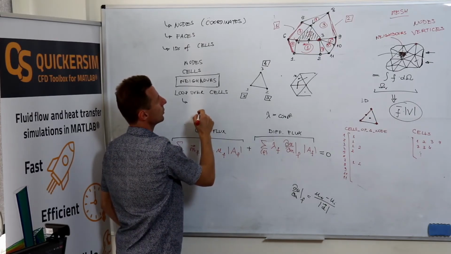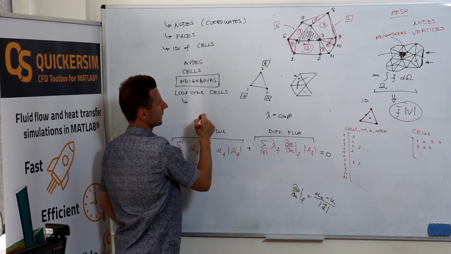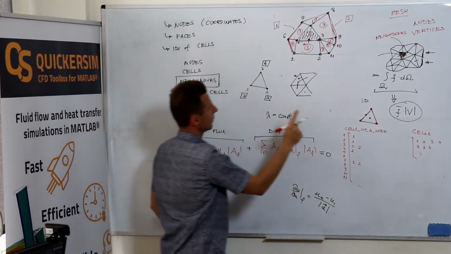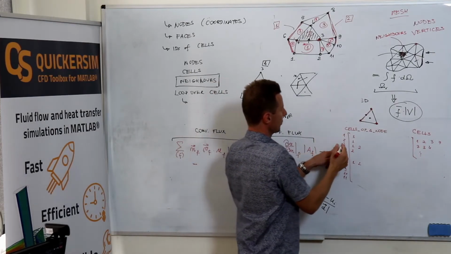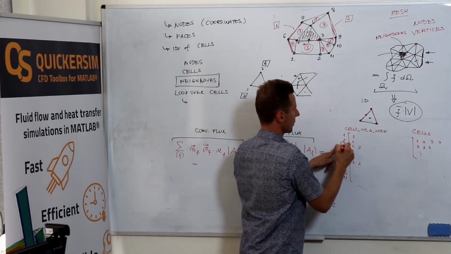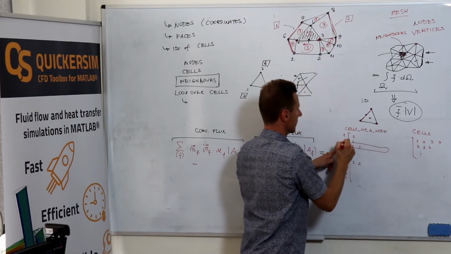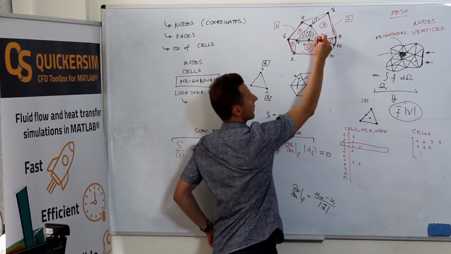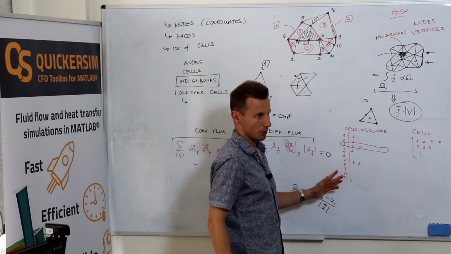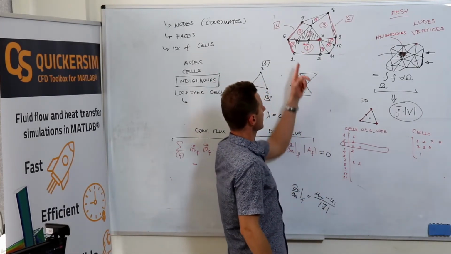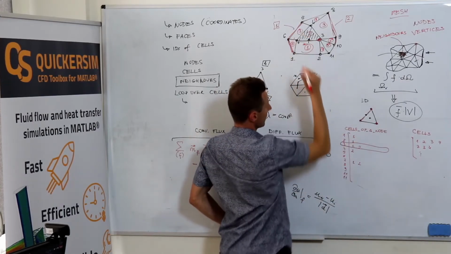So we want to see what are the cells that are built by the third node, and what are the cells that are built by the seventh.